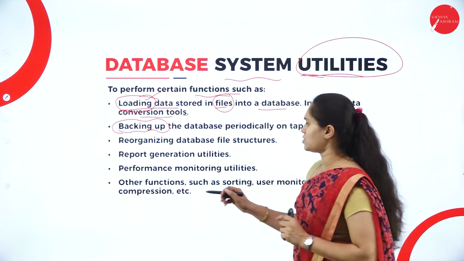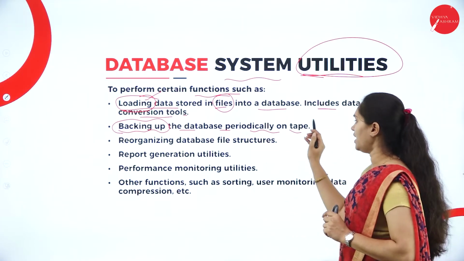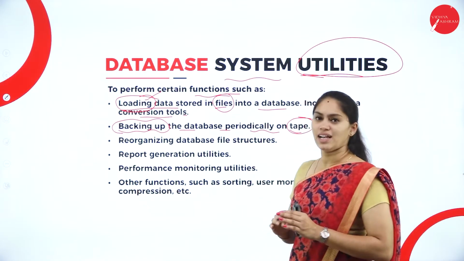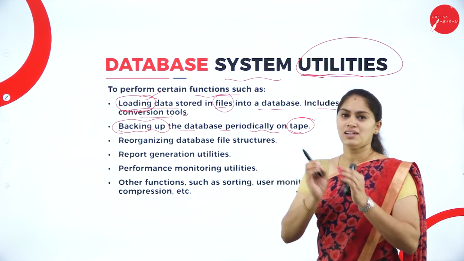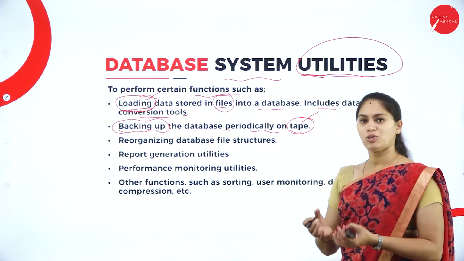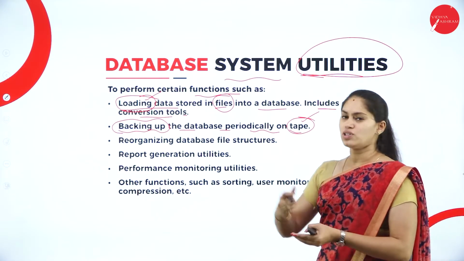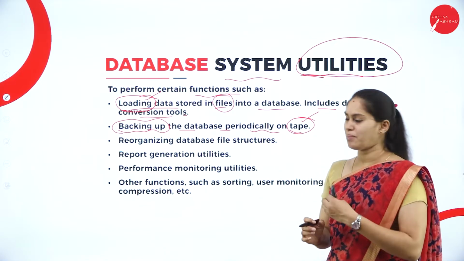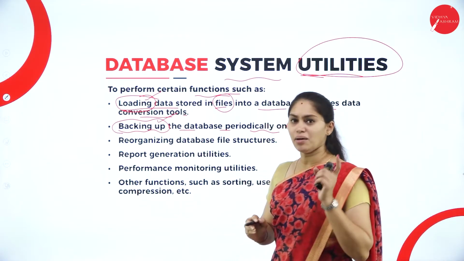So backing up means what? Backing up the database periodically on tape. Whatever data and information we have with respect to these files and records, everything is going to be dumped to this tape. This tape is like a storage medium that will include everything. So if something goes wrong with some system, I can retrieve the same data or file back. That is with the help of this backing up utility.